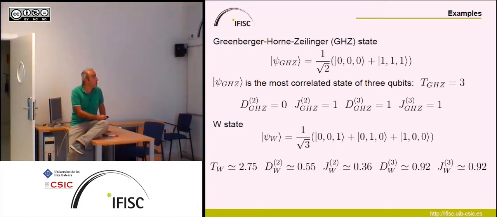This is distributed as follows: we have 1 bit of classical correlations, 1 bit of quantum genuine correlation, and 1 bit of classical genuine correlation. This state is the most correlated state, but it is not the most quantum in a way, because the W state, which is just the superposition of states with an excitation in different places, is less correlated as measured by T, by the total information, 2.55, but the sum of the two-body quantum correlation and three-body quantum correlation is greater than 1.